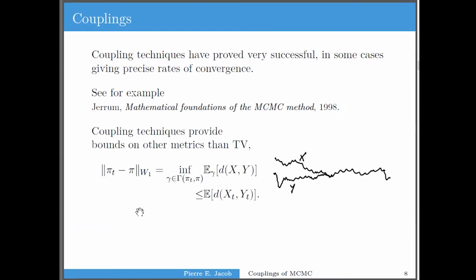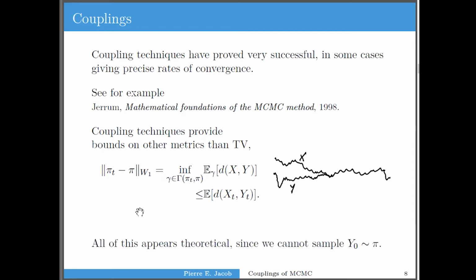It can also work for other metrics than TV. It's not intrinsically linked to TV. For example, if you have chains that don't meet but just get closer to one another in expected distance, then you can obtain an upper bound on the Wasserstein distance between pi t and pi.